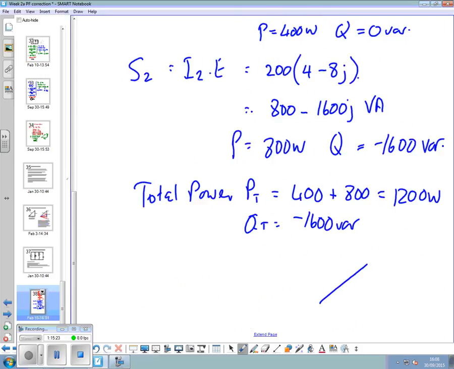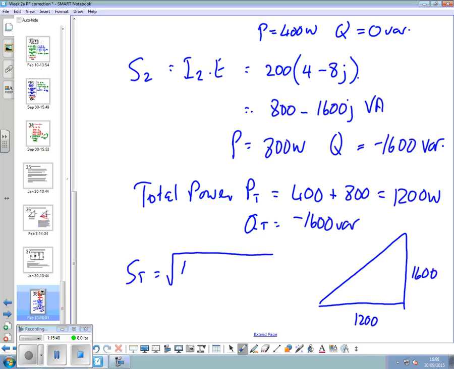So what we've got is a triangle like so. There's 1600 there, 1200 there, and we can go ST, 2000 VA.